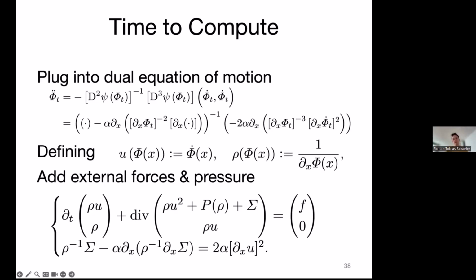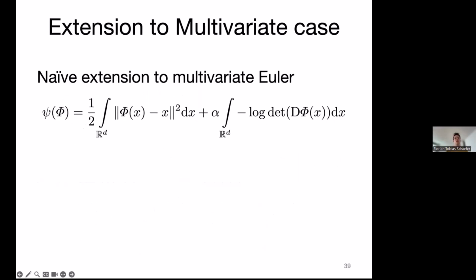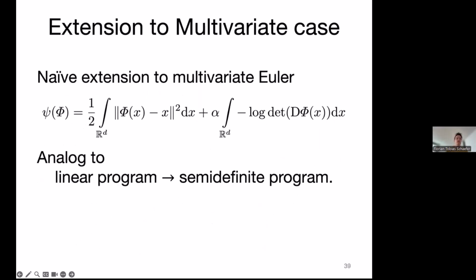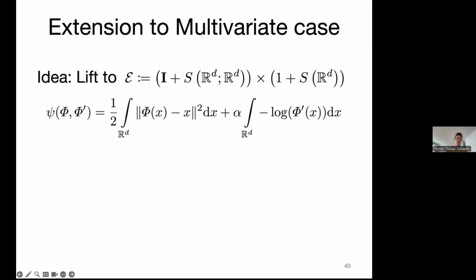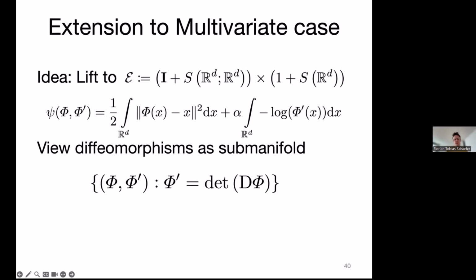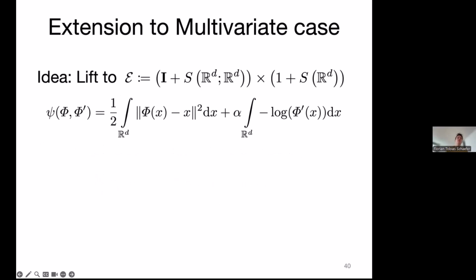Now there's one brief element that I want to brush over, which is the extension to the multivariate case. There's one additional complication, related to the fact that diffeomorphism manifolds in dimension higher than 1 are not convex anymore, so we cannot directly write down a convex barrier for them.